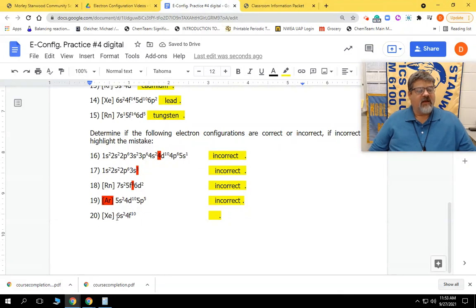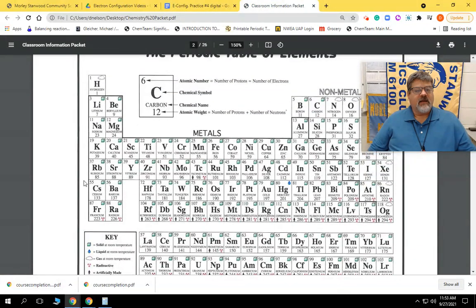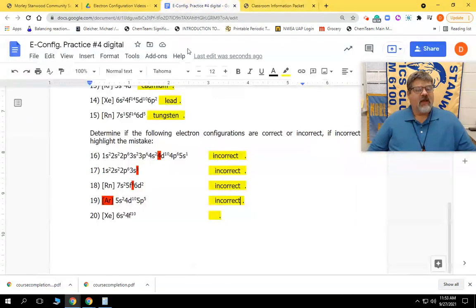We have xenon, then we have 6s2, 4f10. So let's go back to our periodic table. We have xenon. Is this 6s2? Yes, it is 6s2. But then I end in the f's. Okay, so I have 6s2, then 4f10.